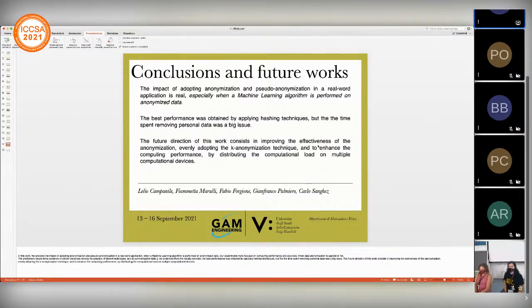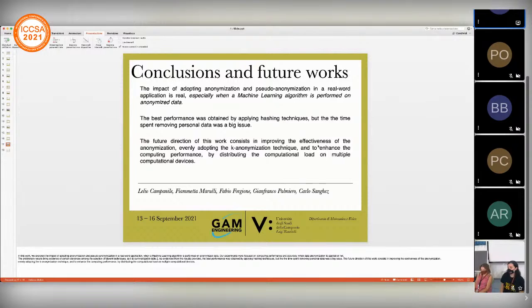So in the near future we will try different algorithms, different techniques in order to improve the quality of anonymization. And because we had an issue related to time, we are working hard in order to introduce a more complex software and hardware architecture. In this case, we are working to distribute the computational load on multiple computational devices.